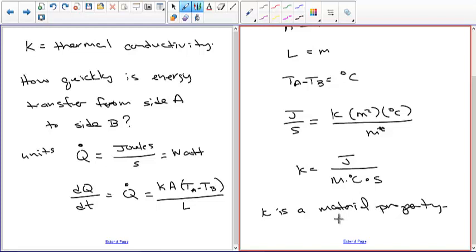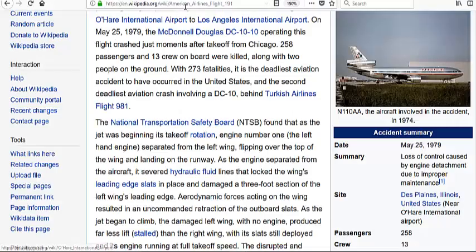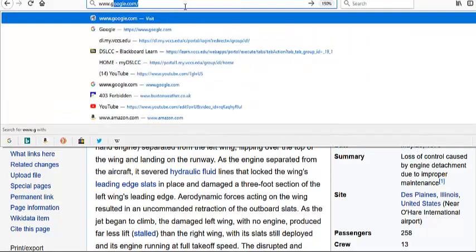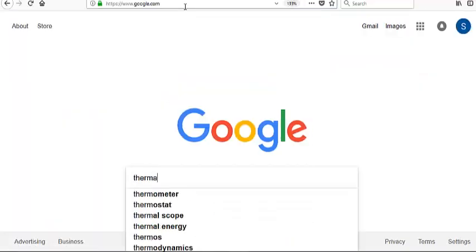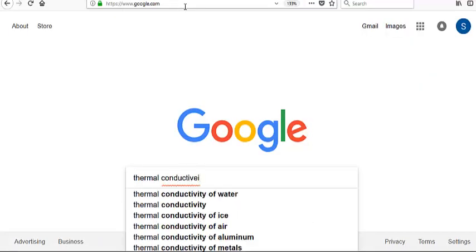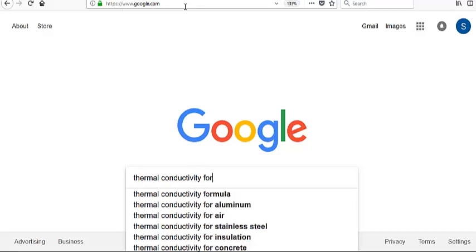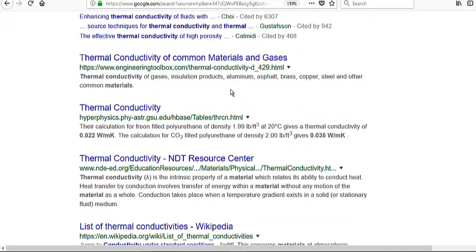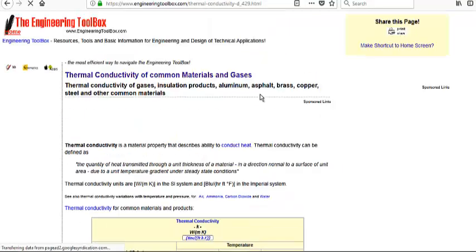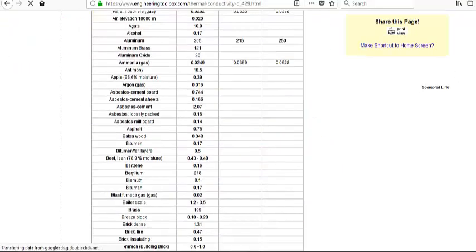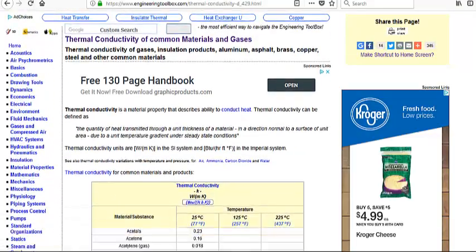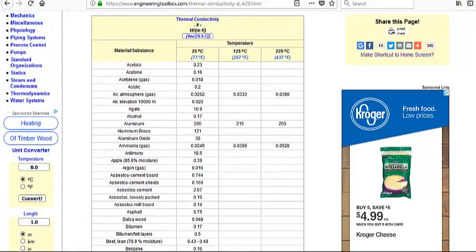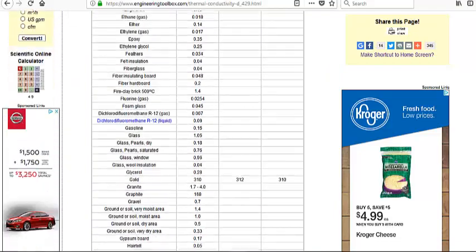So let's find some materials and see what their values for K are. We'll go to Google. Thermal conductivity for... I was going to say stuff. That's probably not very good. Okay, all kinds of things. So let's look up copper.